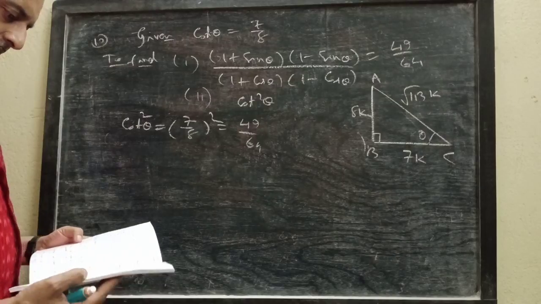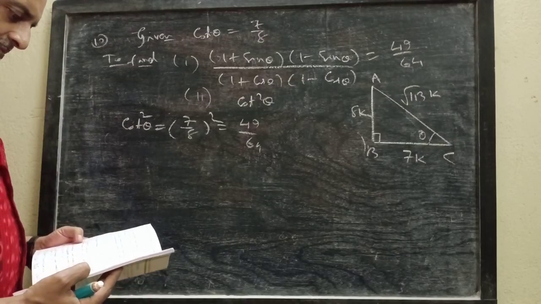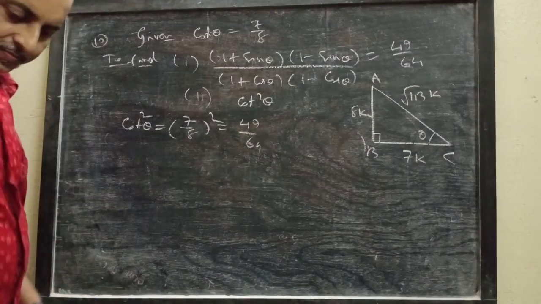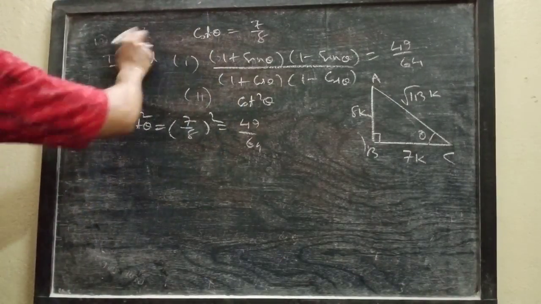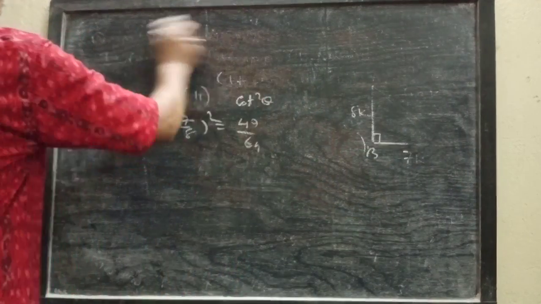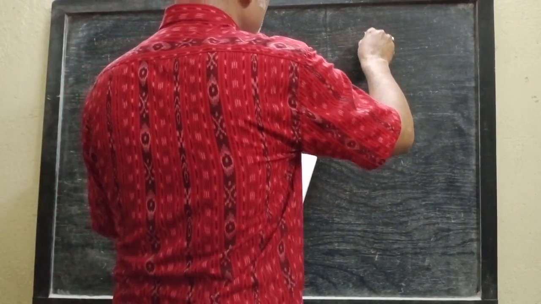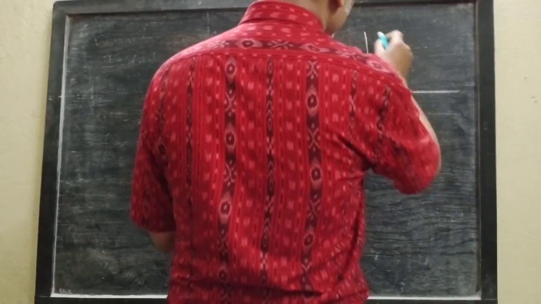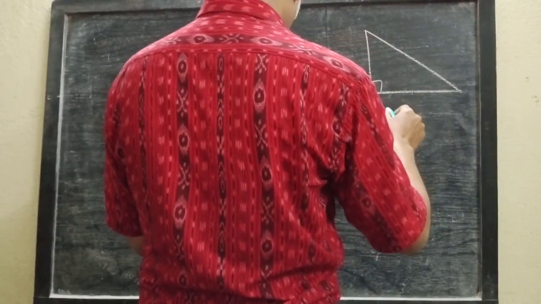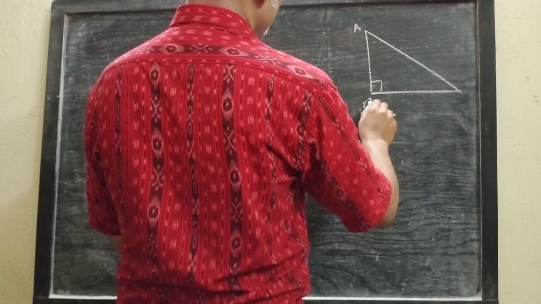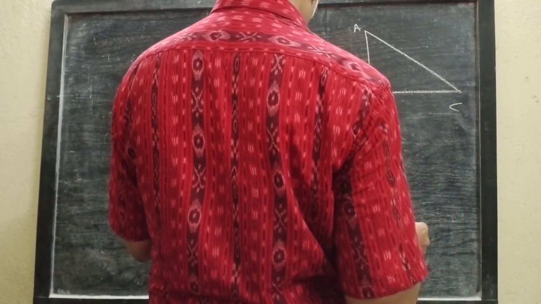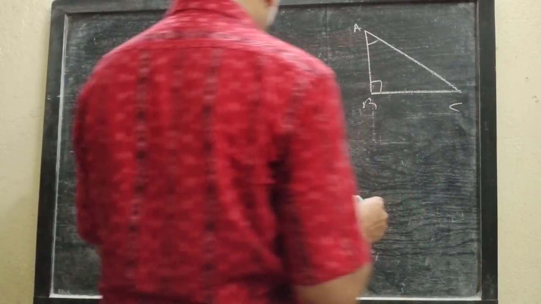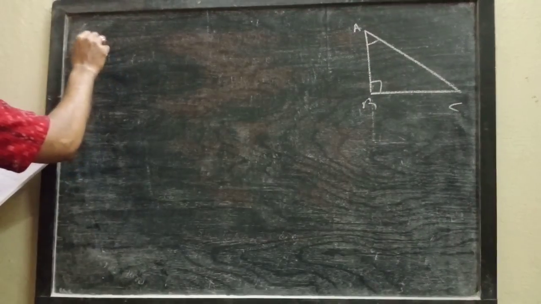Next question. ABC is a right triangle at B in which tan A is 1 by root 3, given.